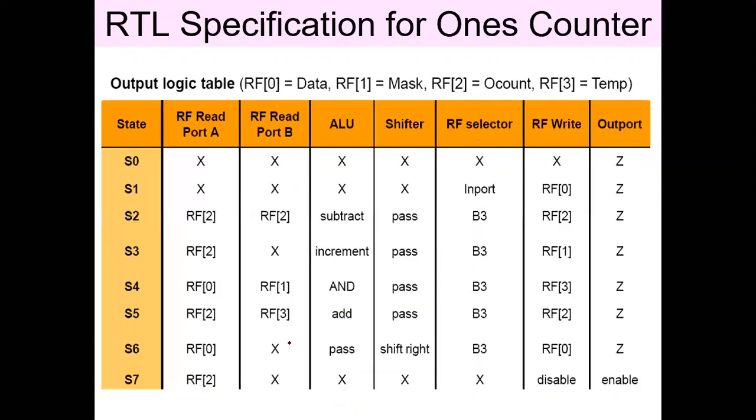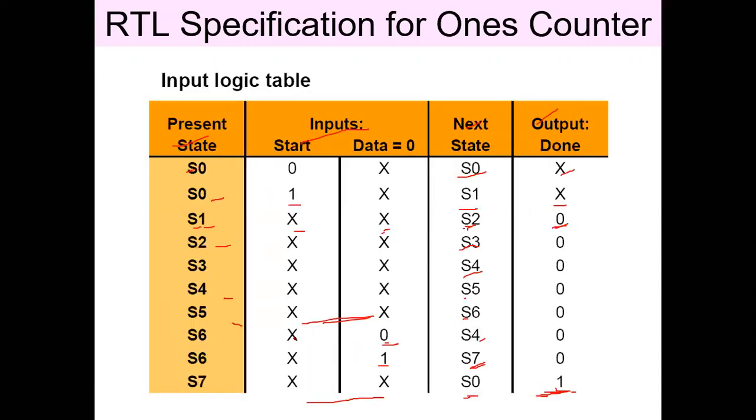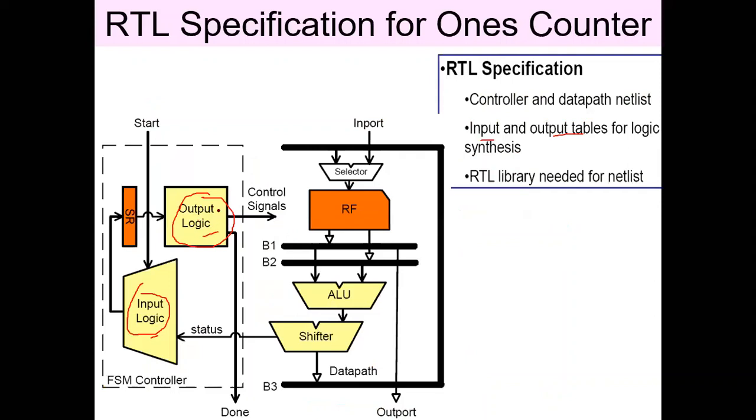Then the corresponding output logic table representation. In our diagram we can see the output logic. It has to instruct the data path what action has to take place. For a particular state, what are the controls or actions to be done by the data path will be specified by the output logic. We have already seen this controller architecture.